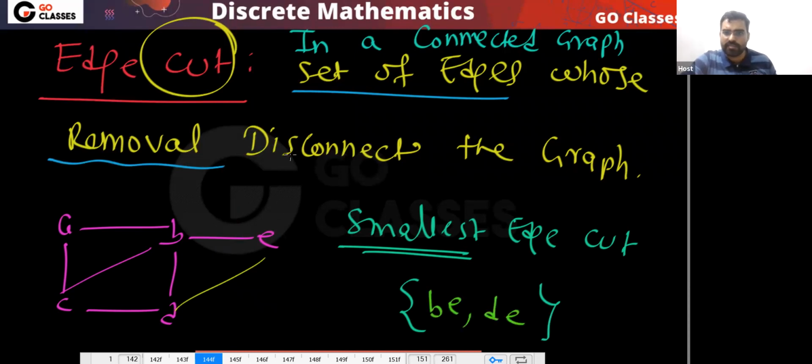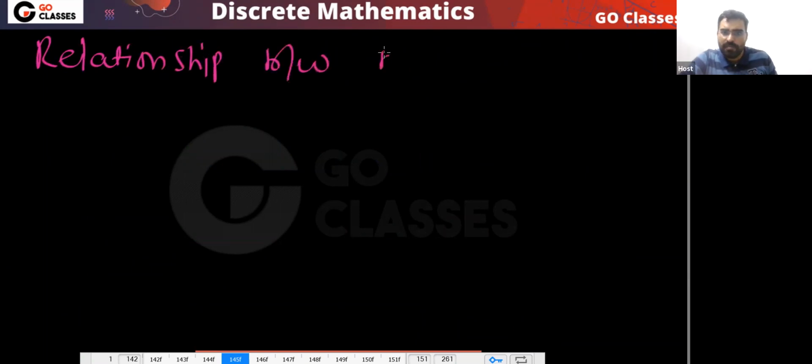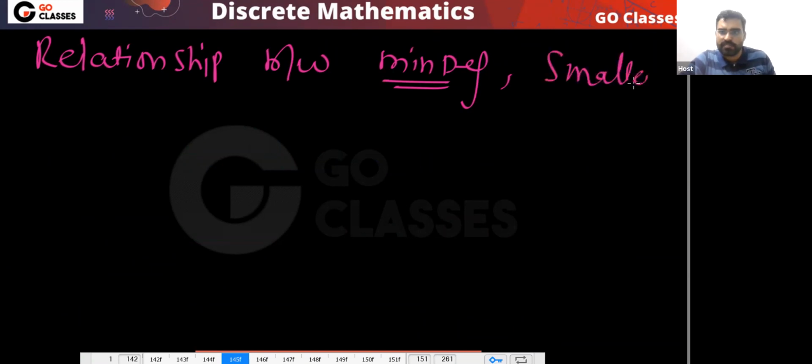Or I can also say that AB, AC is also a smallest edge cut. Now, interesting observation: what is the relationship between minimum degree and smallest edge cut?